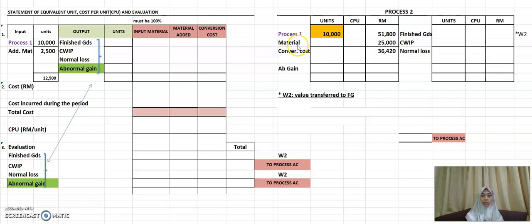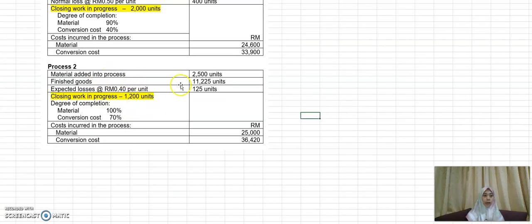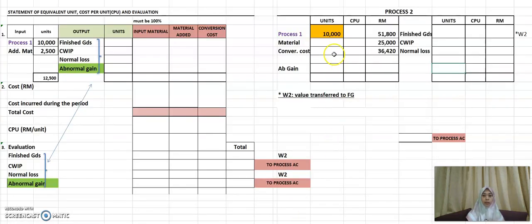Then you have additional material and conversion cost from the question. From the question, you have material added of 2,500 units, and the cost is 25,000, and the conversion cost is 36,420. So here you have your quantity of 2,500 at 25,000 and the conversion cost value of 36,420.